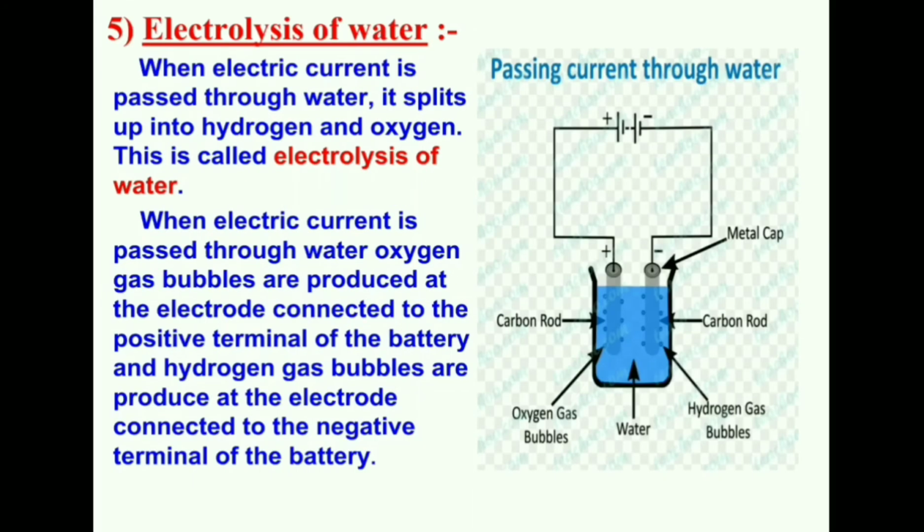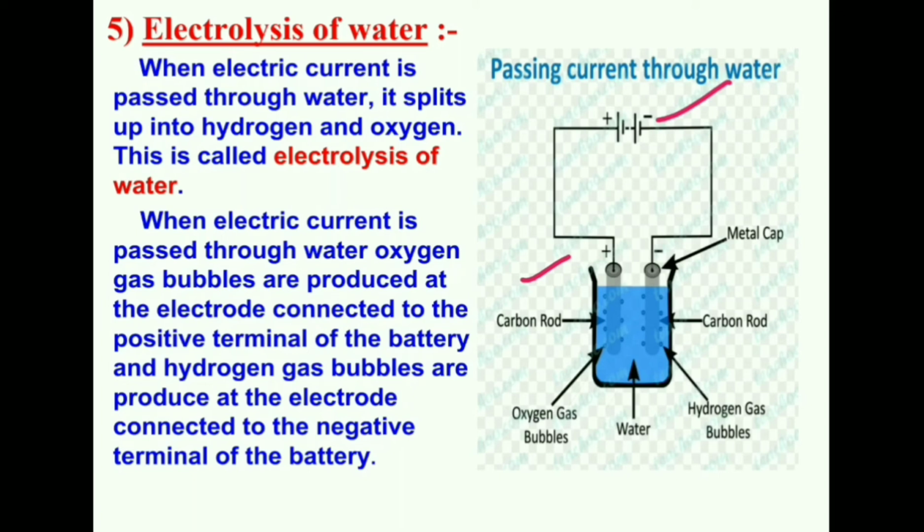To demonstrate this electrolysis process, we can perform a simple activity in which we can show how electricity can cause the breaking down of water into two gases, that is oxygen and hydrogen. In this setup, two graphite rods were dipped in the water and they were connected to the source of current, that is battery.